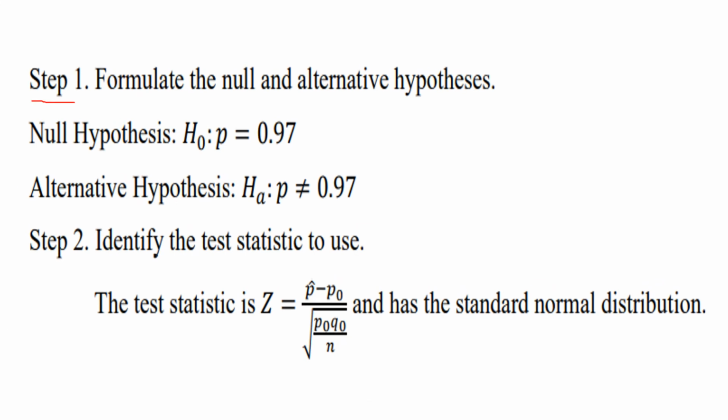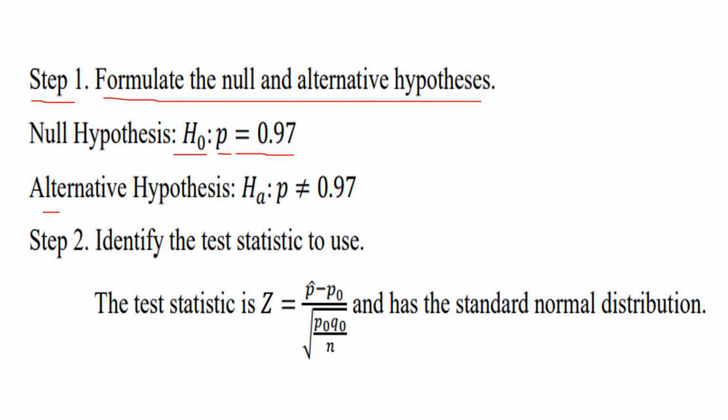So for step number 1, formulate the null and alternative hypotheses. Let's start with the null hypothesis. Your H0 is P is equal to 0.97, because your null will show an equality between the two variables involved.